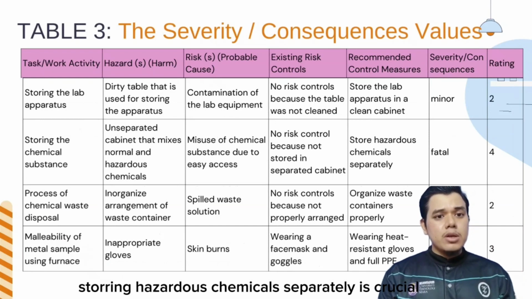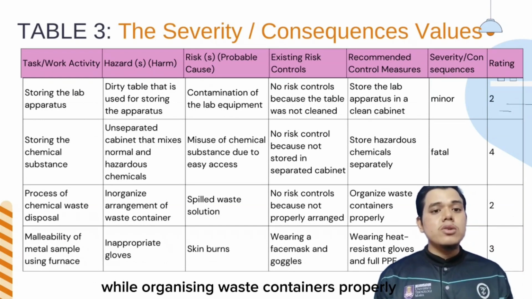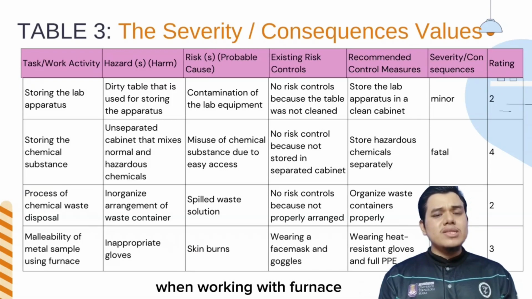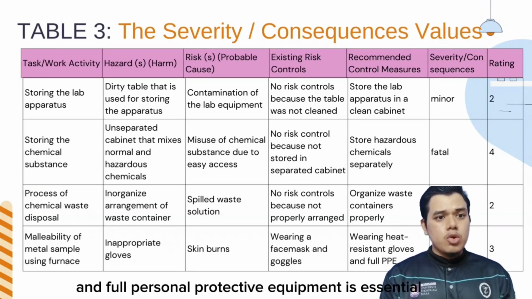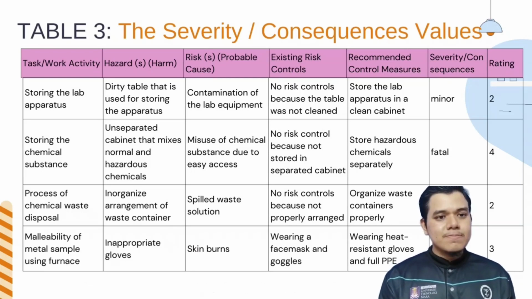Storing hazardous chemicals separately is crucial to avoid misuse, while organizing waste containers properly minimizes the risk of spills during disposal. When working with the furnace, wearing heat-resistant gloves and full personal protective equipment is essential to prevent skin burns.